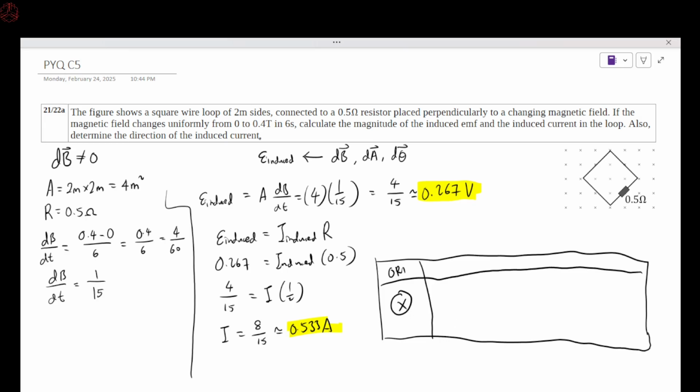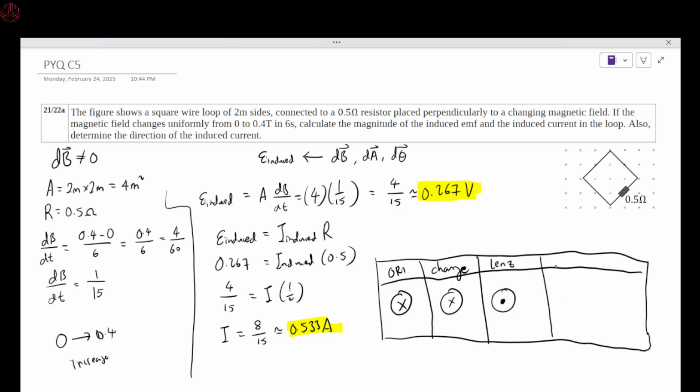And because it increases, 0 to 0.4 is an increase, so the change is in the same direction, and then Lenz's law will react to that in the opposite direction.